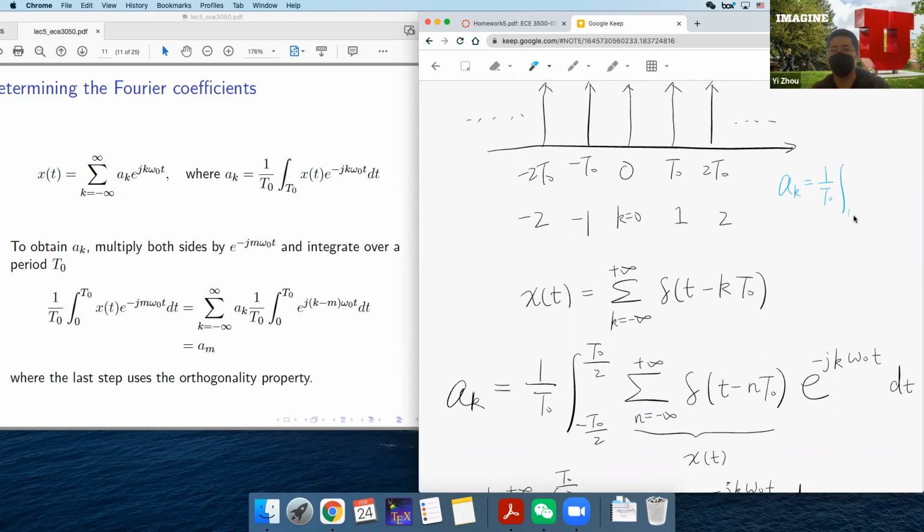When you consider 0 to T naught, you actually have two arrows at the ends of this interval. So you need to consider either excluding 0 or excluding T naught. So for example, I can consider 0+ to T naught+, which is basically 0 to T naught.